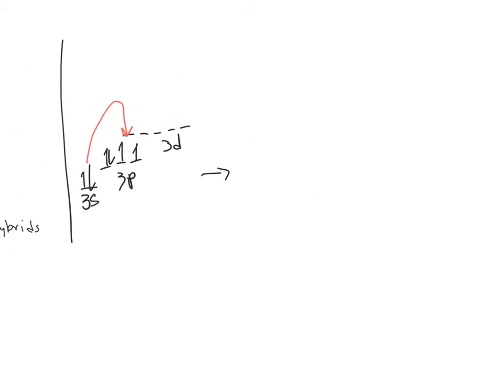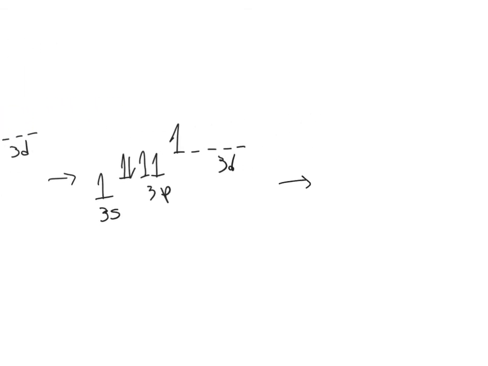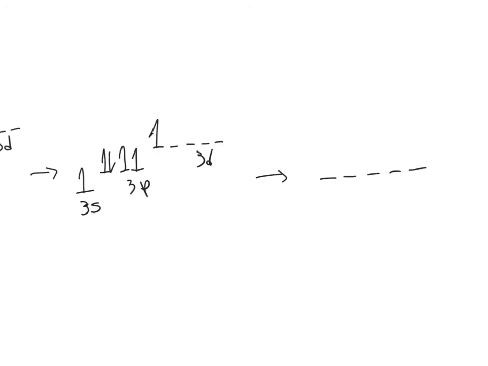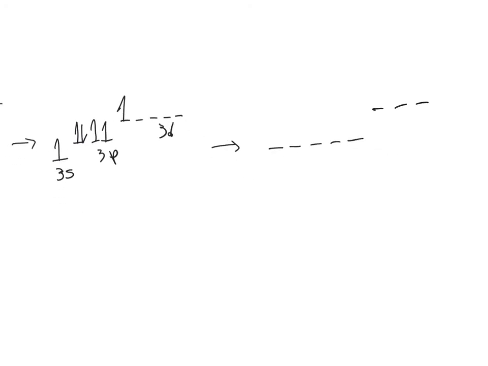Then you're going to have 3s, 3p, 3d, 1, 2, 3, 4, 5, 6, like that. Then mix them together, 1, 2, 3, 4, 5, with 3 d's left empty.